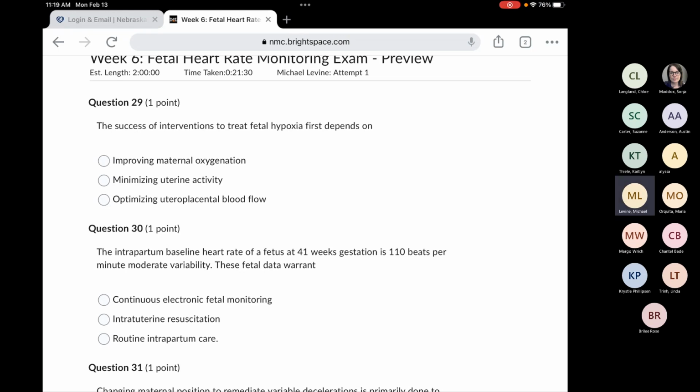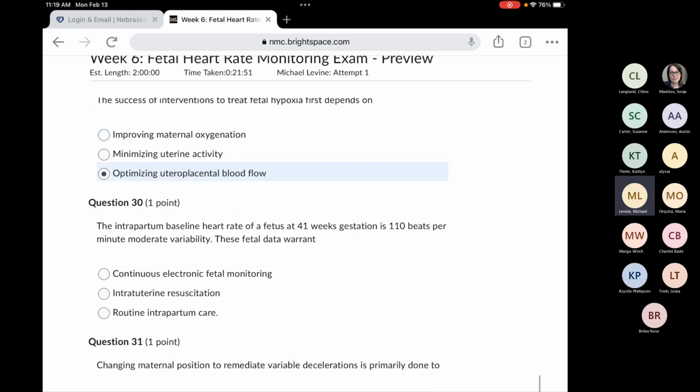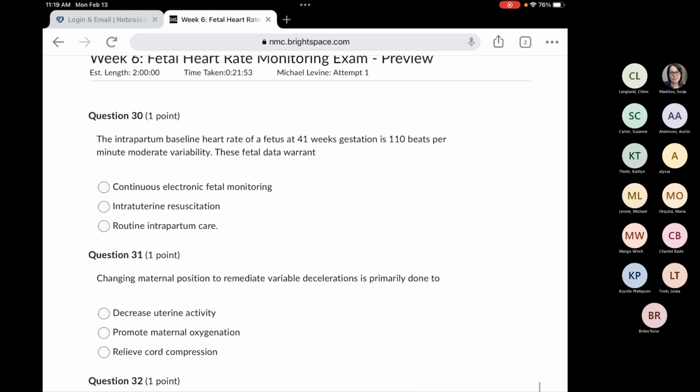Well, those are all good answers, but optimizing uteroplacental blood flow is probably the most important issue. Improving maternal oxygenation clearly helps, but if you don't have good uteroplacental blood flow, you're not going to help fetal hypoxia. So the answer is optimizing uteroplacental blood flow.